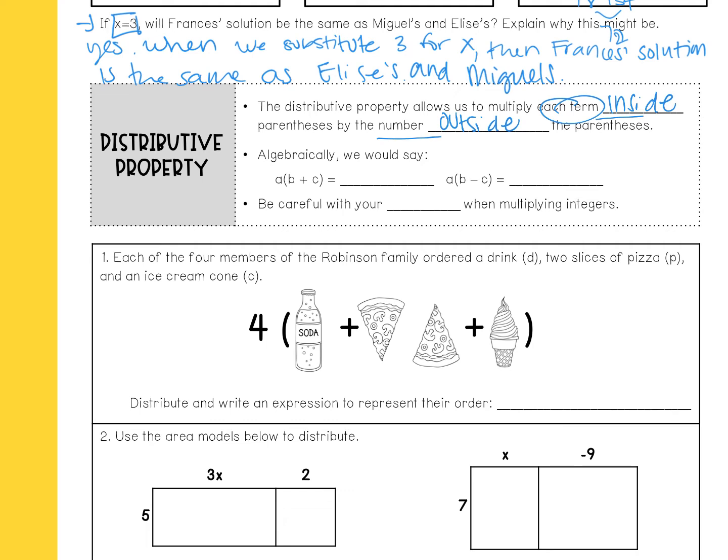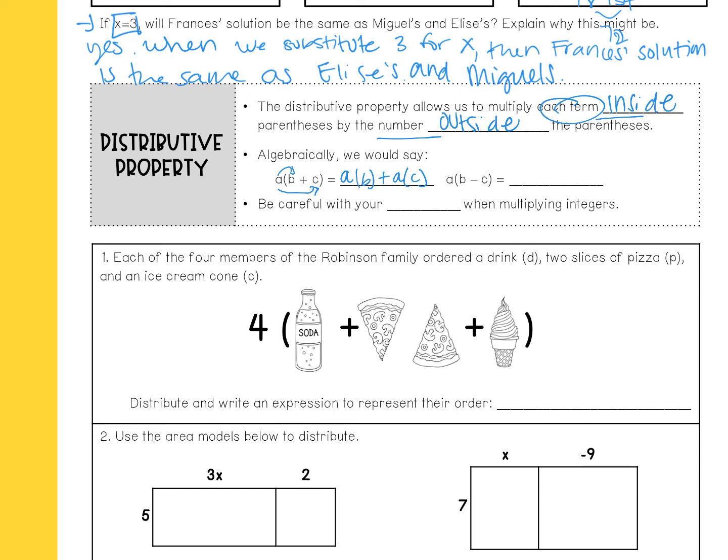So in A times B plus C, our number outside is A, and our numbers inside would be B and C. So we want to multiply A by each number inside. So we would say A times B plus A times C, because you want to make sure that you distribute that letter A or that number to each of those numbers inside the parentheses.